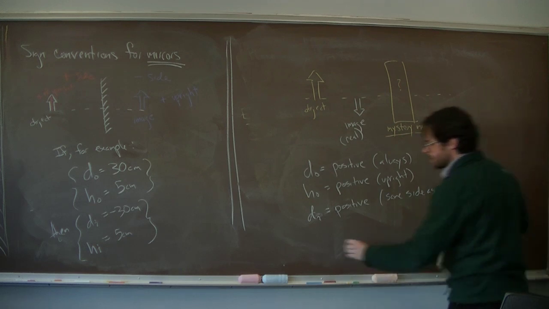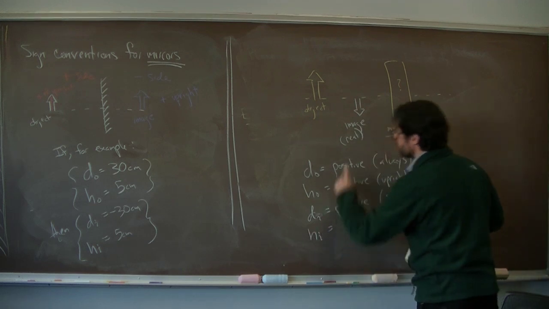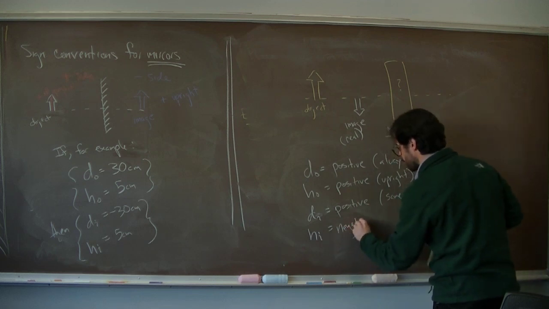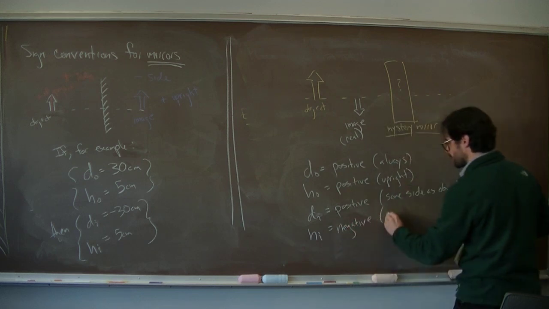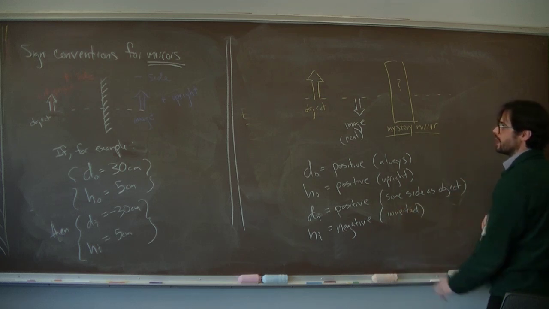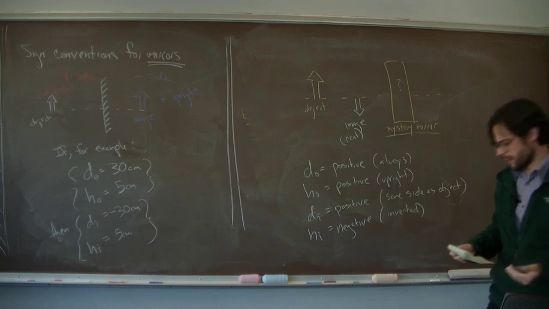So same side as object. And then hi, because this is inverted, is negative. So upside down. So those are the sign conventions.